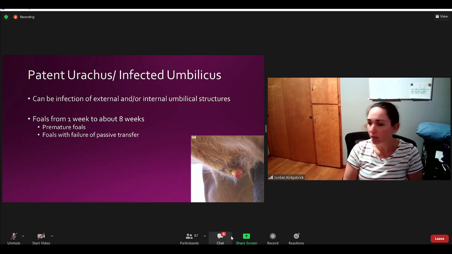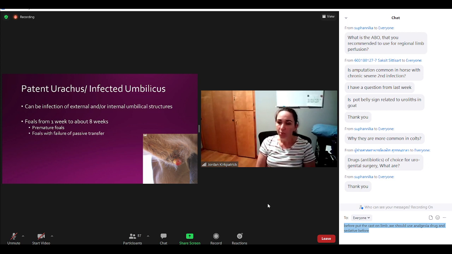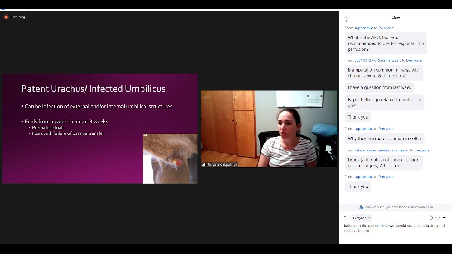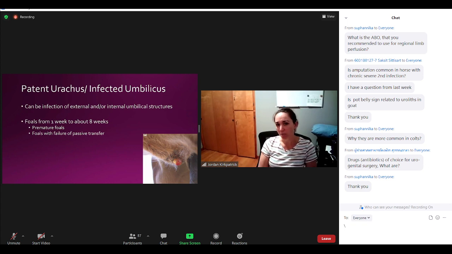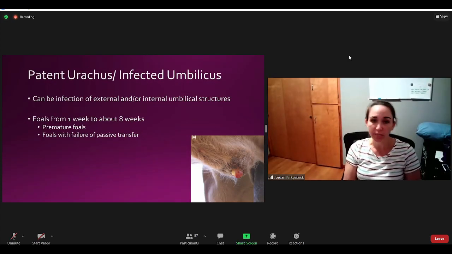Next question, drugs, antibiotics of choice for urogenital surgery. Some of it depends on what the infection is, but in general, we tend to use broad spectrum antibiotics. So either procaine penicillin and gentamicin or potassium penicillin and gentamicin.